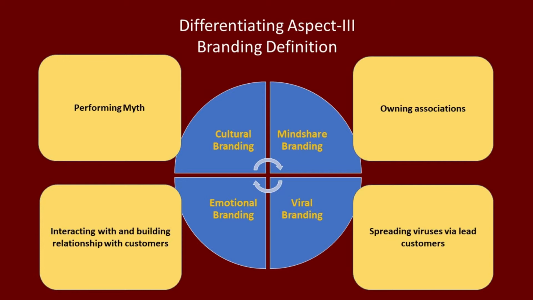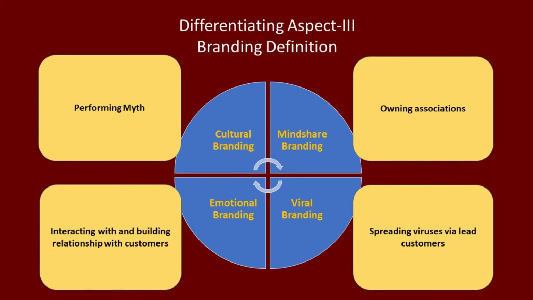The third differentiating aspect is the way the branding process is defined by the company. It differs in different models. When marketing activities are based on the cultural branding model, the branding process is towards performing the identity myth.